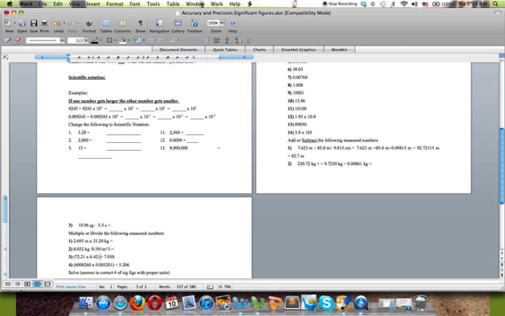This is meter, and because we're adding, that has to be meter squared.